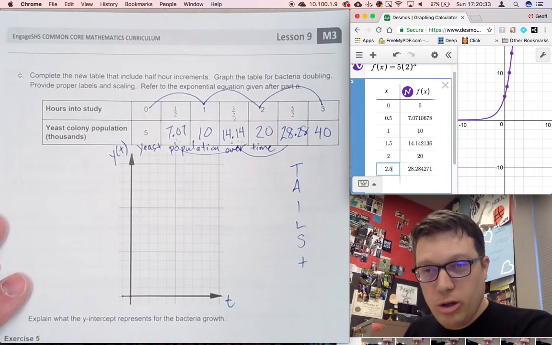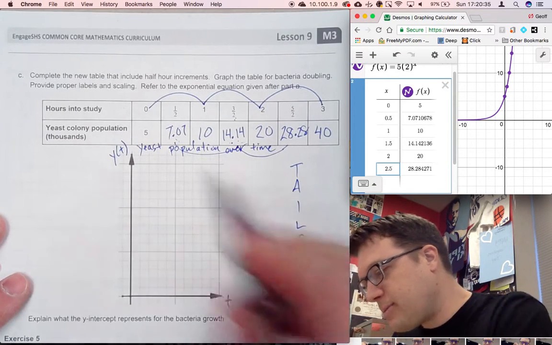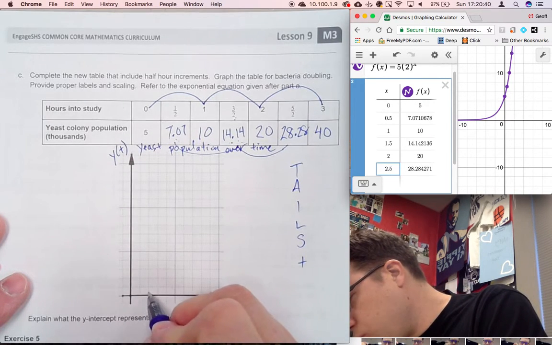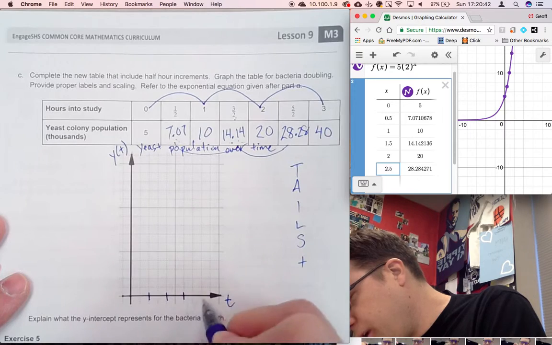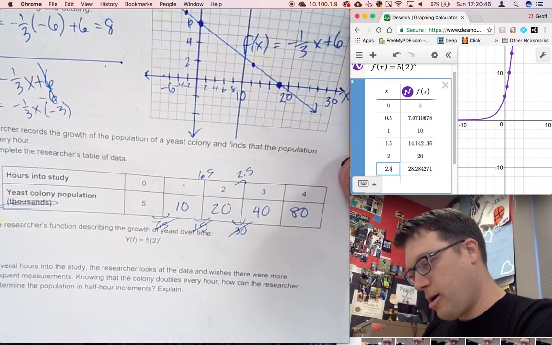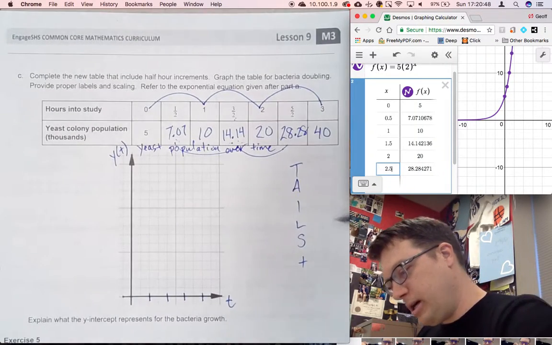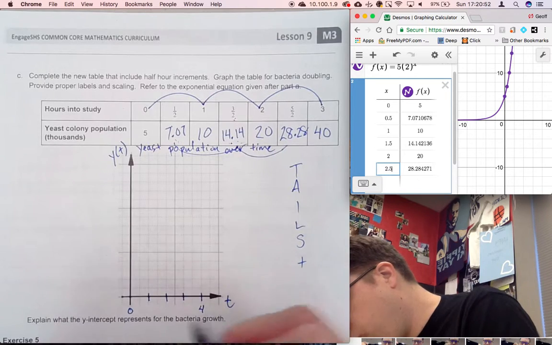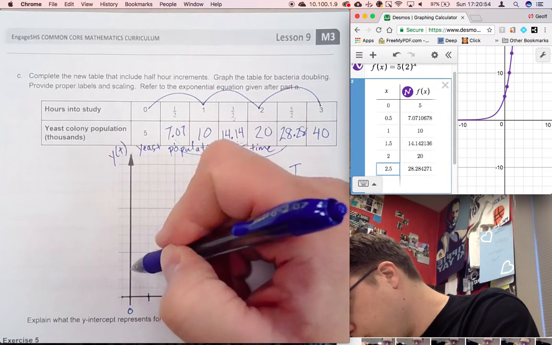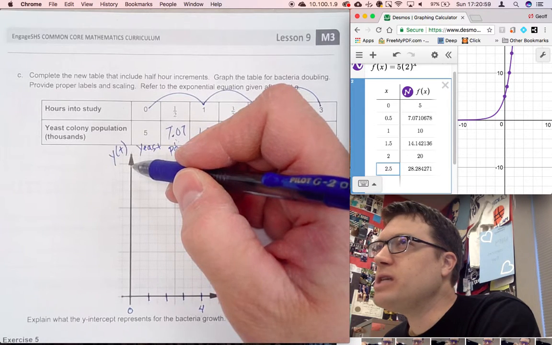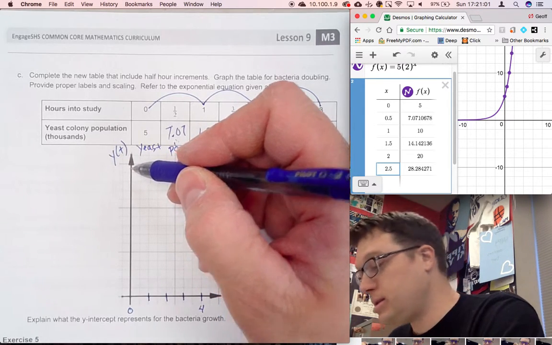Our interval for hours of study, because I go to 3 right here, this is 1, 2, 3, 4. I could bring in the table from here and go up to 80. So from 0 to 4, and then 5, 10, 15. 80 divided by 15, 80 divided by 16.